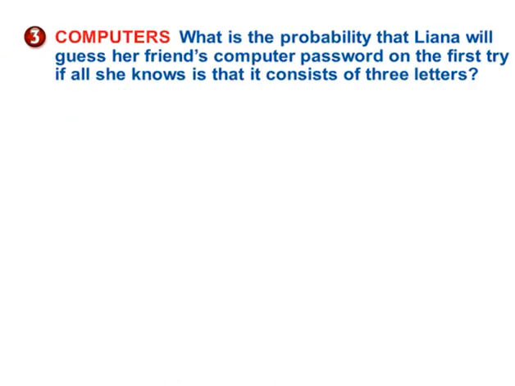What is the probability that Lena will guess her friend's computer password on the first try? All she knows is that it consists of 3 letters. Well, if it consists of 3 letters, that would be 26 for the first letter, times 26 for the second letter, times 26 for the next one.